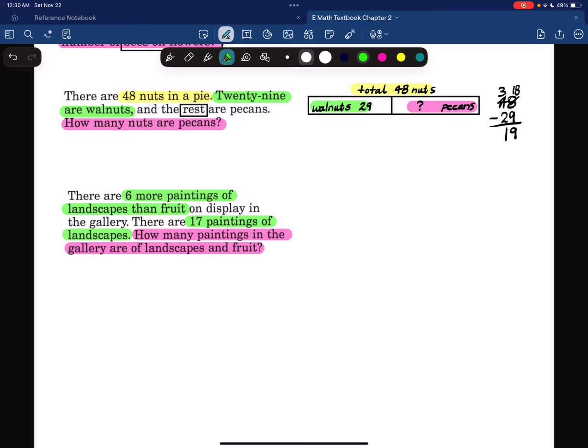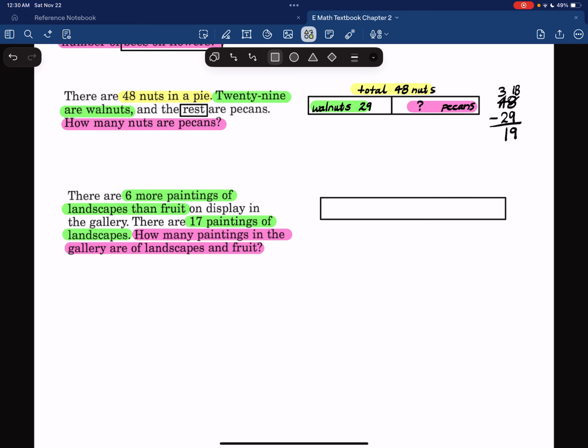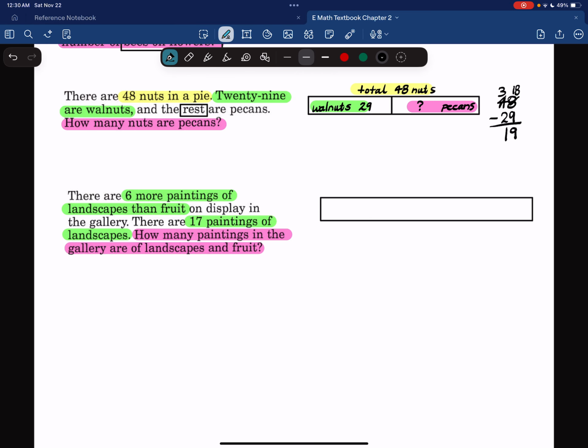So we are looking for a total. That's the piece that I have not highlighted. That's the unknown. So the total is what I need to know. That's the question mark. I do know that there are 17 landscapes.